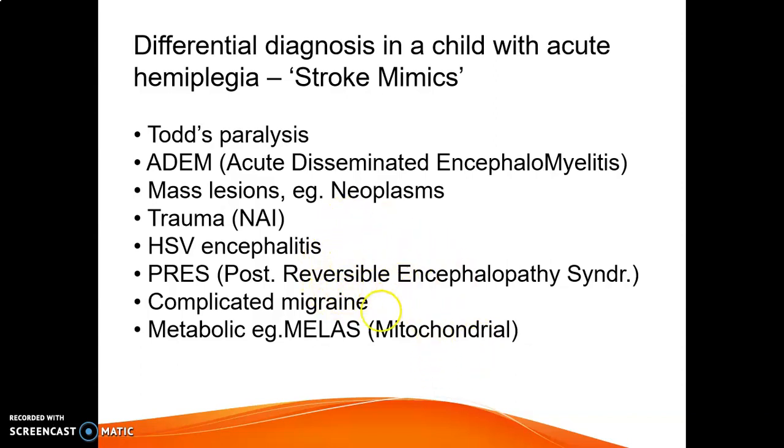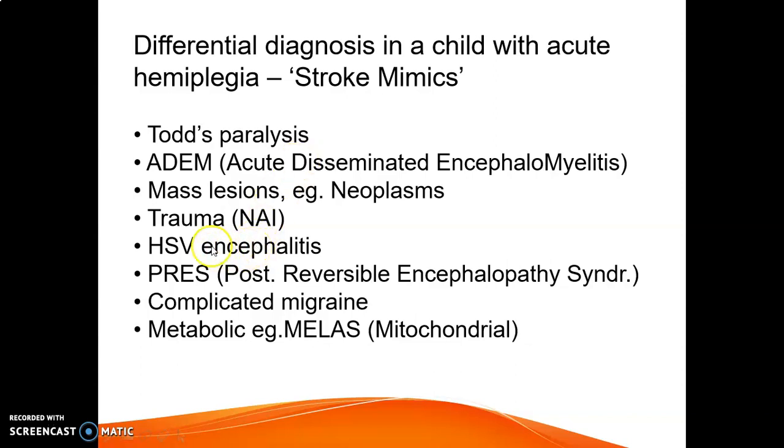Continuing, the differential diagnosis in the child which may mimic acute hemiplegia includes mass lesions such as neoplasms in the brain, trauma, and HSV encephalitis, that is herpes simplex virus encephalitis. Earlier we did talk about acute disseminated encephalomyelitis also.